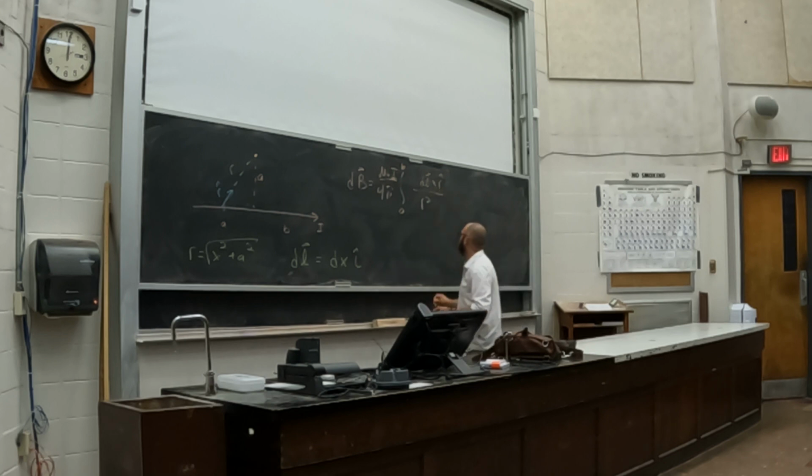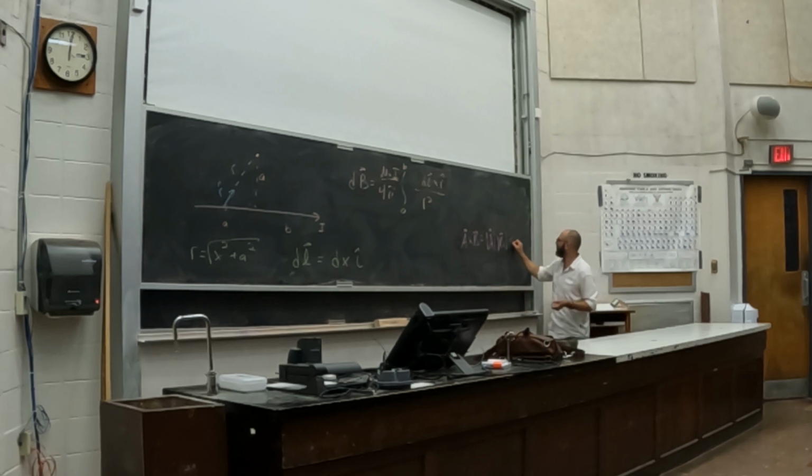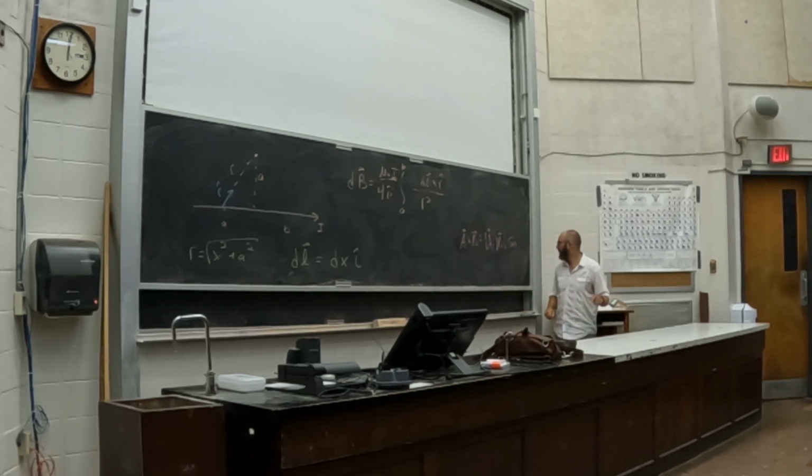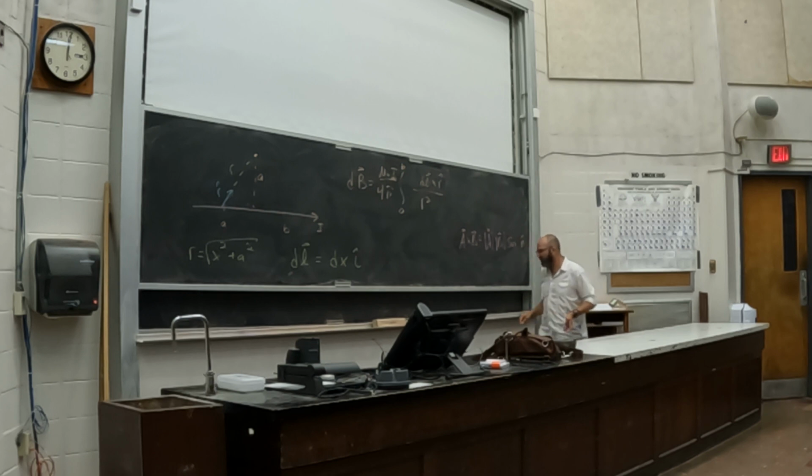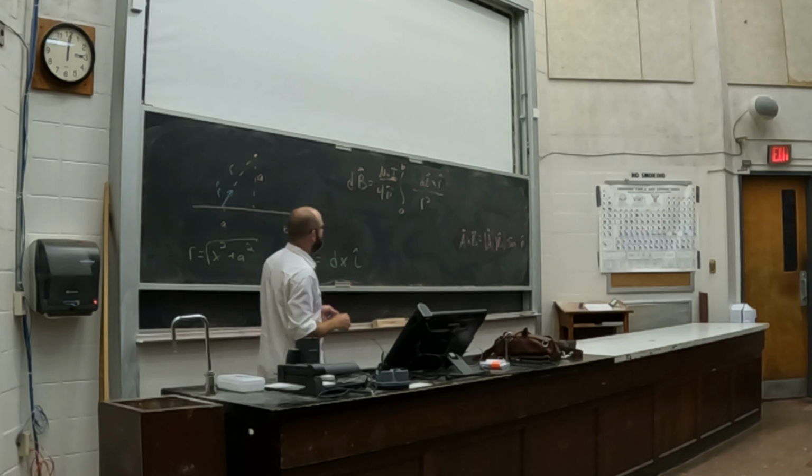Why don't I write this down? Definition of the cross product. A cross B tells me take the magnitude of A, magnitude of B, times the sine of the angle between them, and then put in a unit vector that gives me a vector perpendicular to both of them.